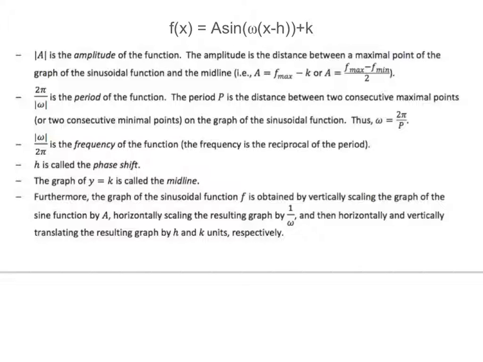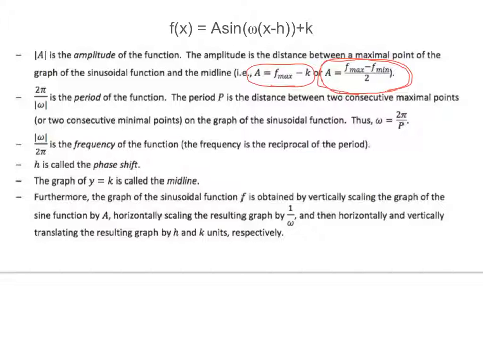Some highlights. The absolute value of A is the amplitude, and this is how you calculate it. Okay, the amplitude is the distance between the maximum point and the midline. So A is the difference between the maximum and the midline, or it's the maximum minus the minimum divided by 2.